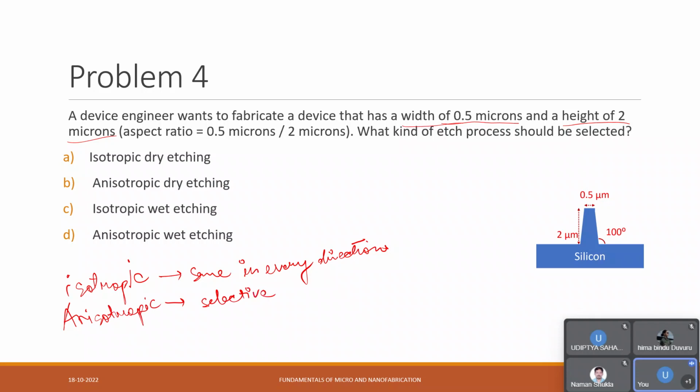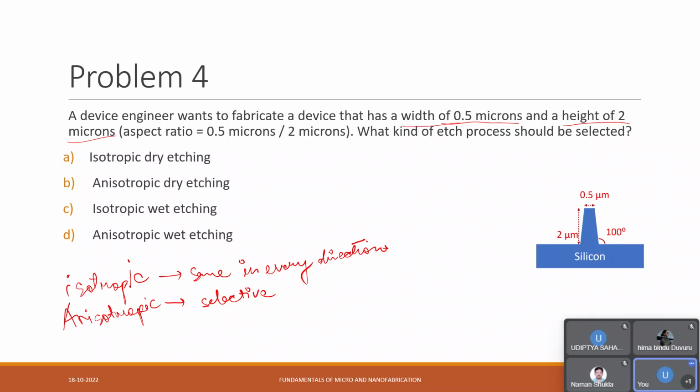So it is direction selective, and this direction selectivity is mostly dependent on how it can remove silicon from a plane.